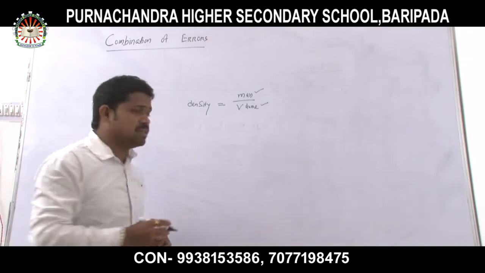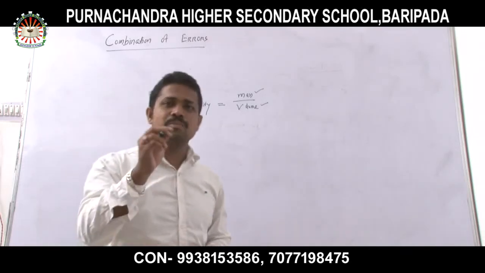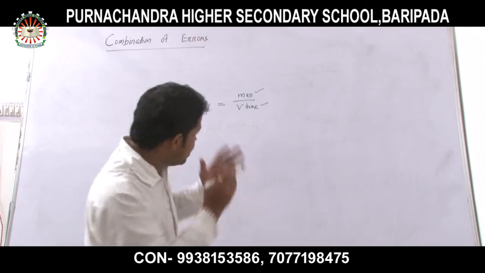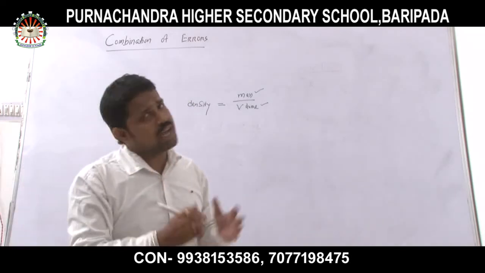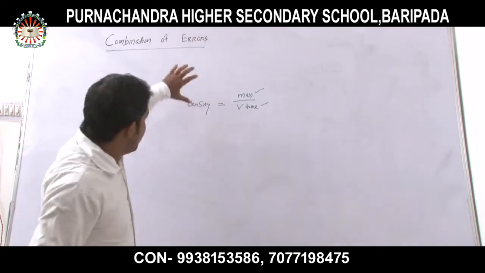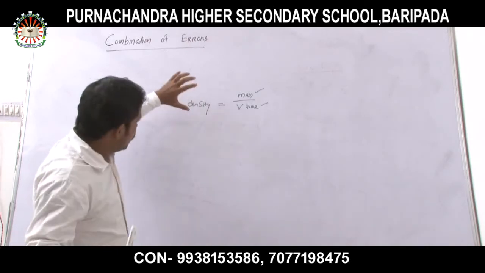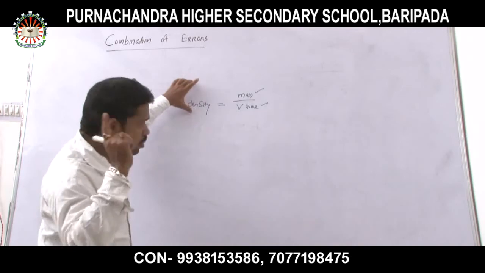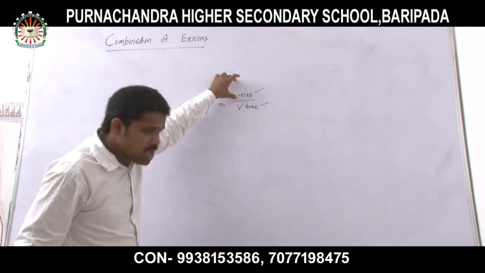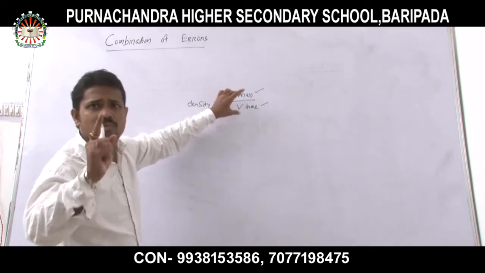So how do we combine these errors? That is the main important point. We cannot consider the errors individually, because we want the error in density. To get the error in density, we have to combine the error in mass and the error in volume.